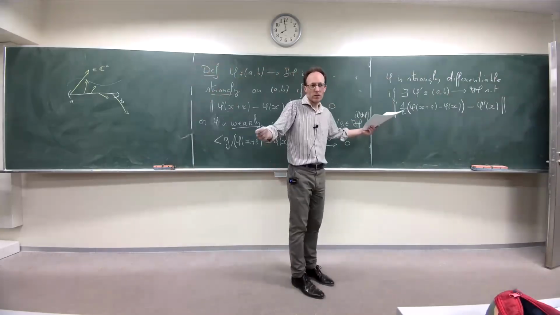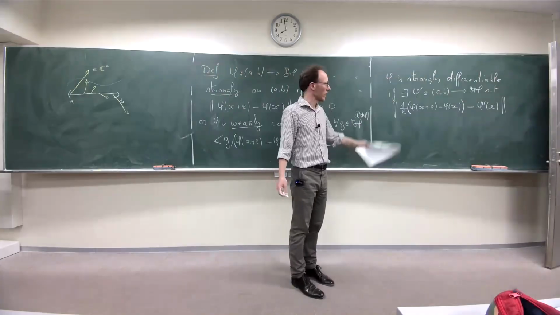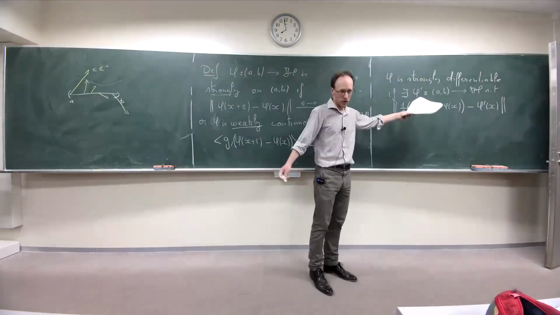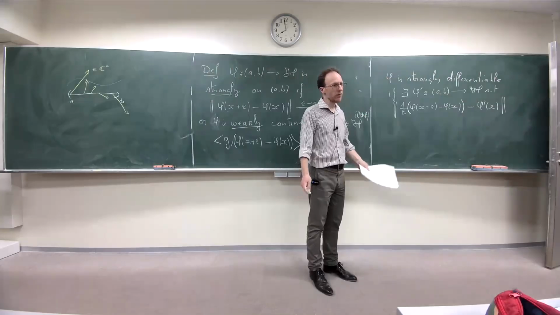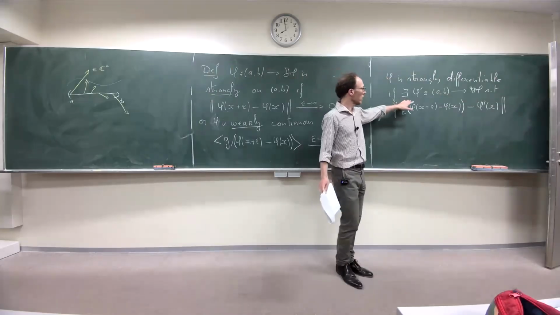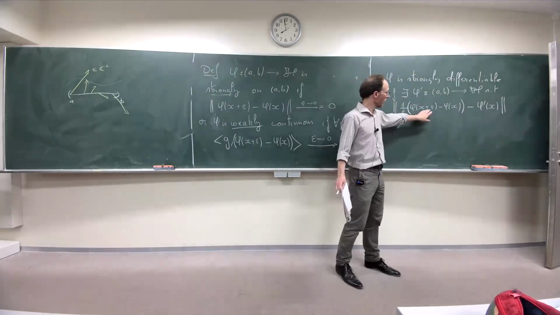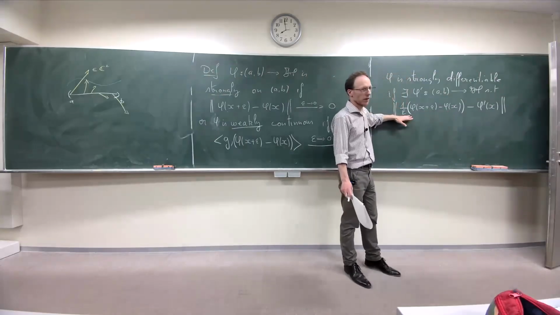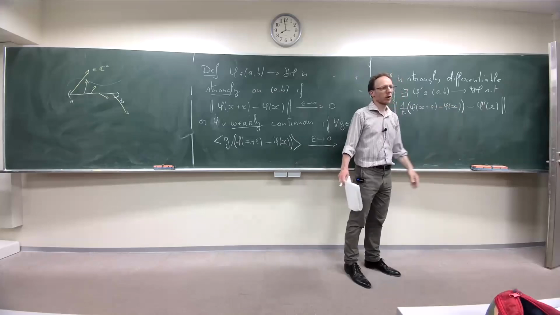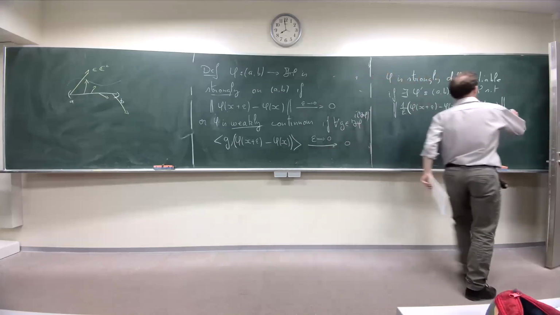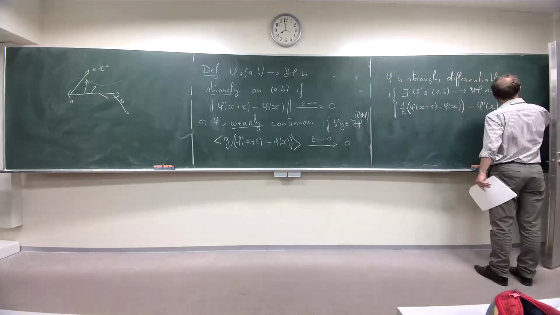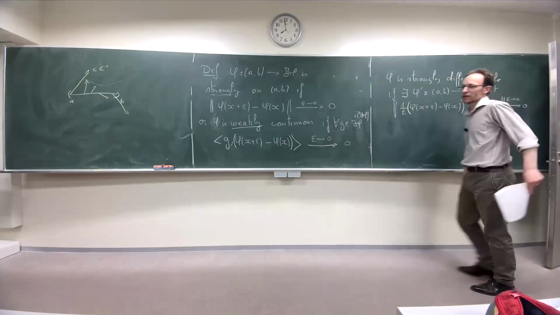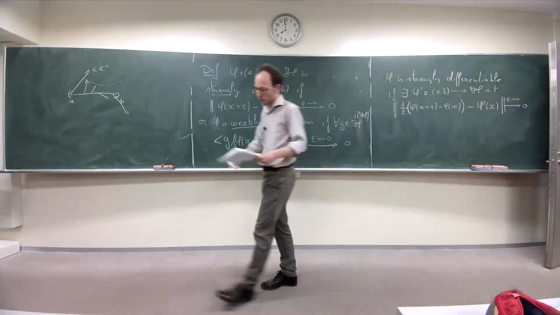So if there exists a function, which you are going to call the derivative, such that when you take phi of X plus epsilon minus phi of X and divide by epsilon, it approaches phi prime of X. So this goes to 0 as epsilon goes to 0. This is a natural notion of differentiability.